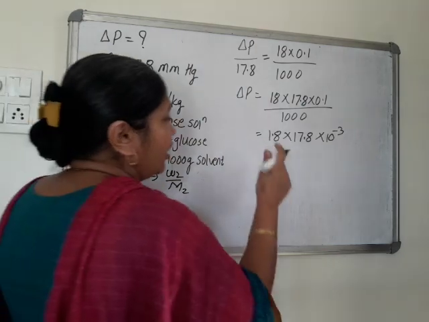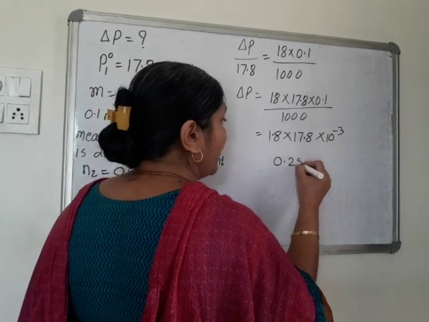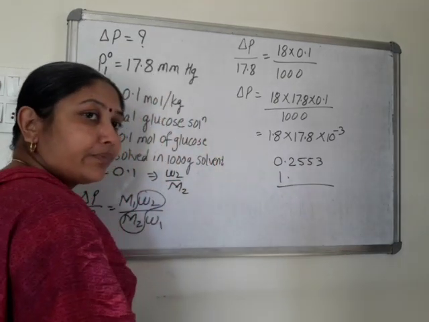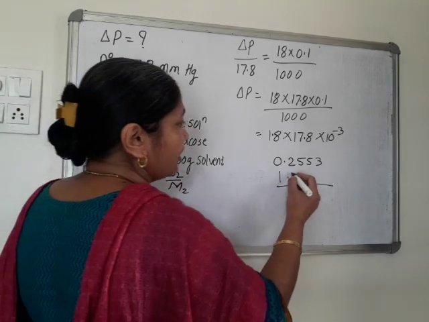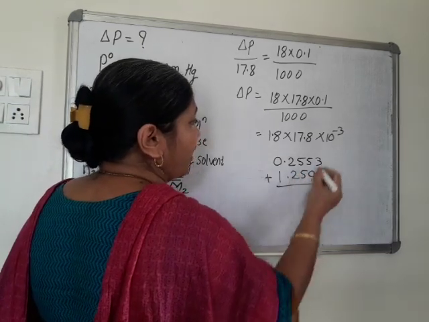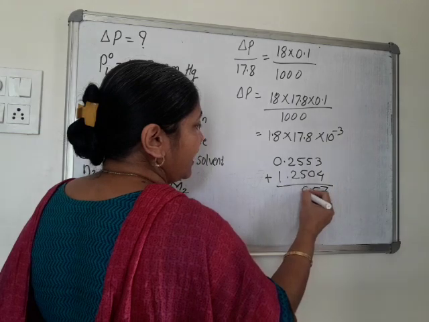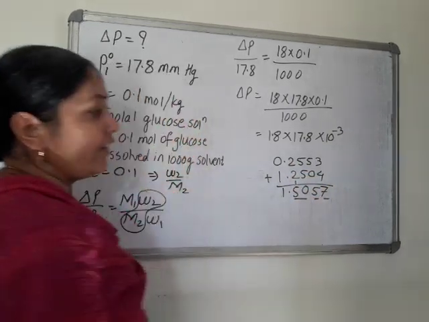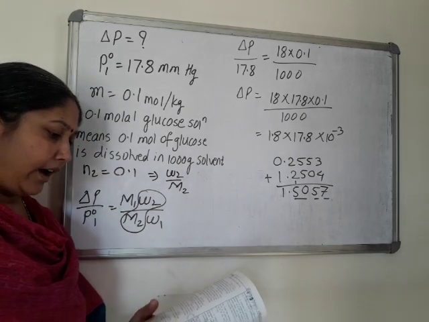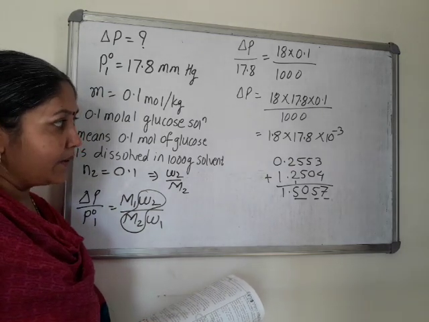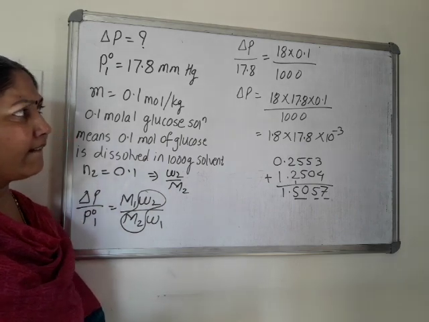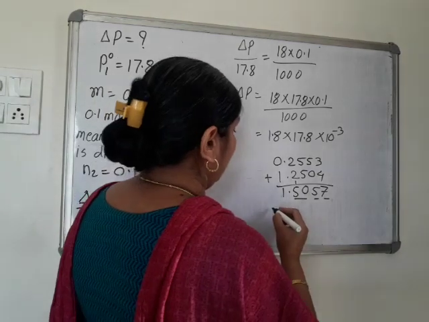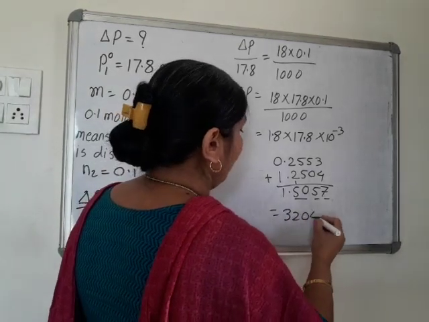Chalo, simplify. Log of 18 is 0.2553. And what is log of 17.8? 2504. Add these values. The sum is 0.5057. What is the antilog of 5057? 3204.